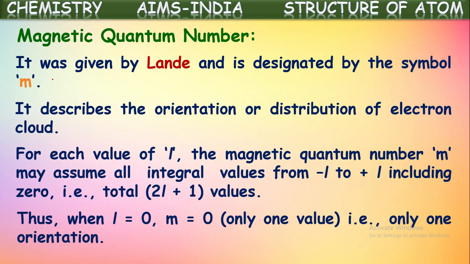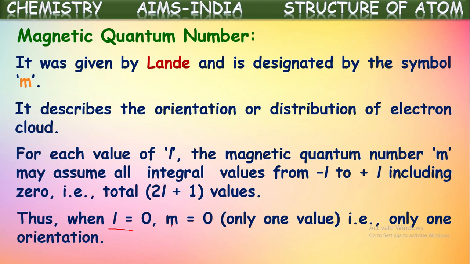Thus, when L is equal to 0, M is equal to also 0. That means only one kind of orientation. That means each orientation is called here orbital. So only one orbital is present in S subshell. Only one value. M value is only 1. Because here L value is 0. Then M values we are taking minus L to plus L including 0.